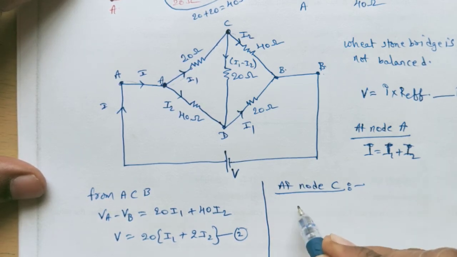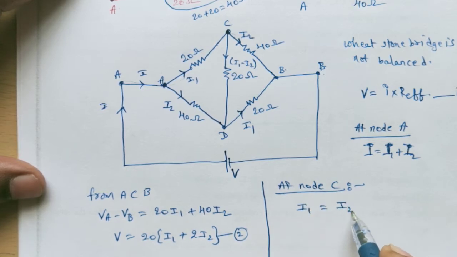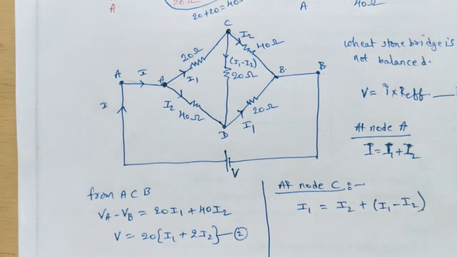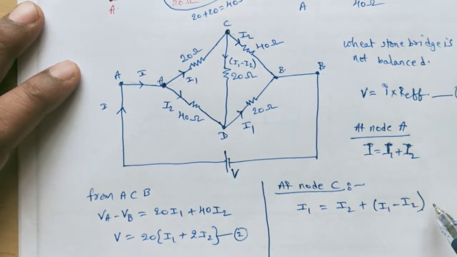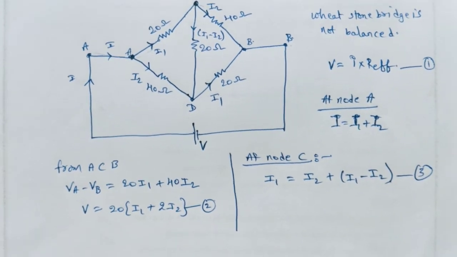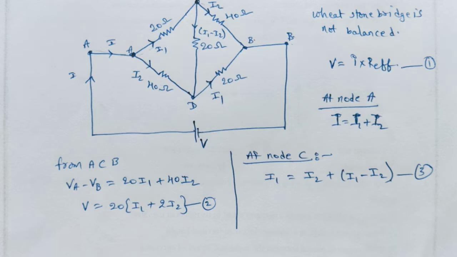I1 is coming, but I2 is going, and I1 minus I2 is also going. That is one more equation. So till now we have chosen 3 equations.